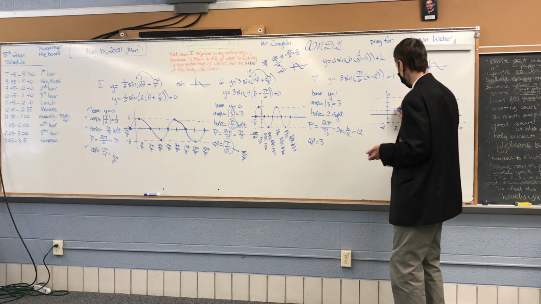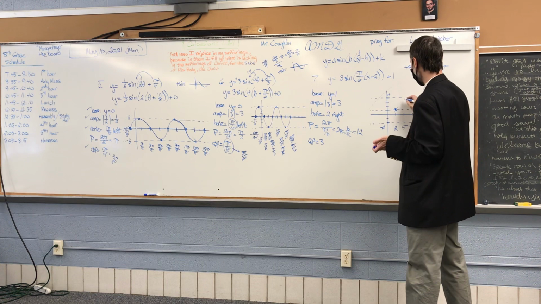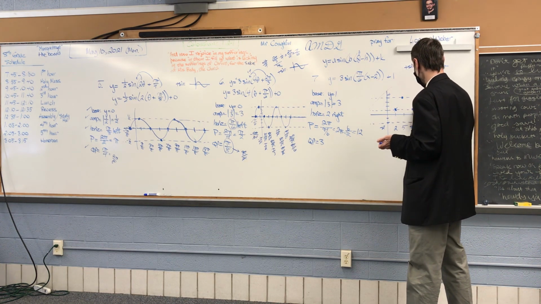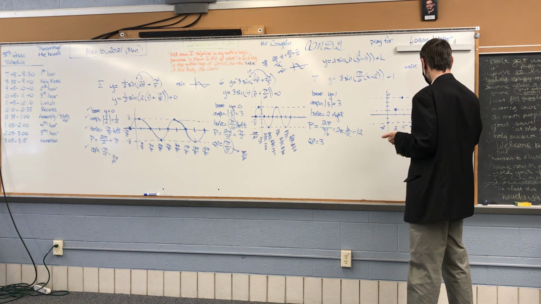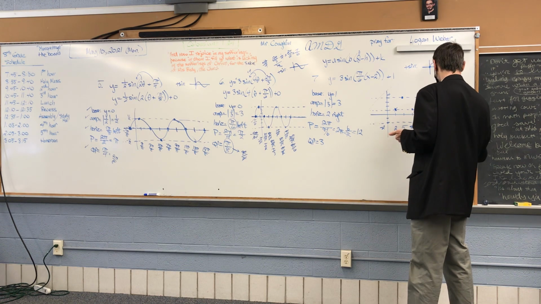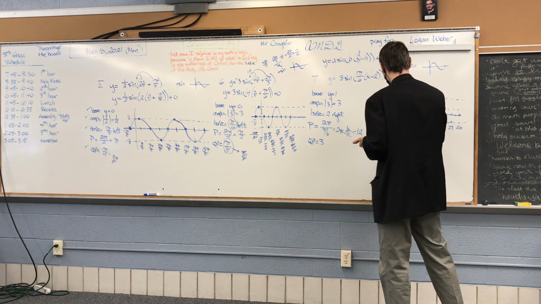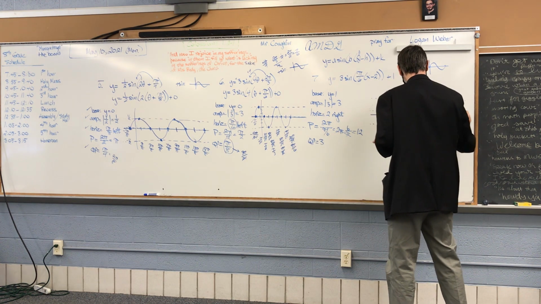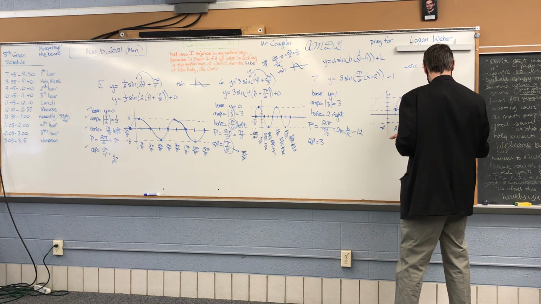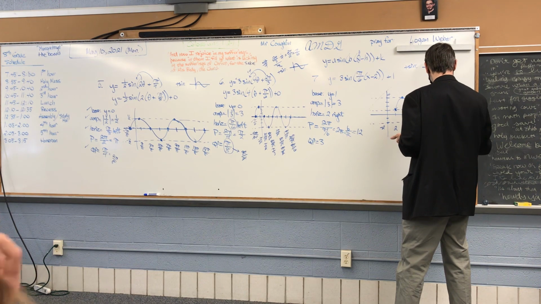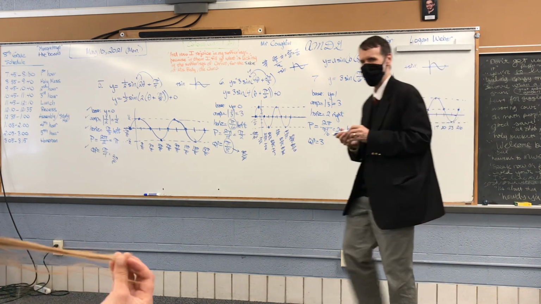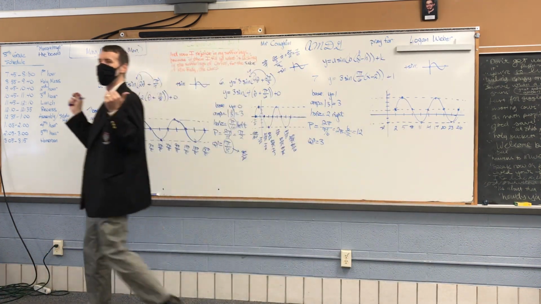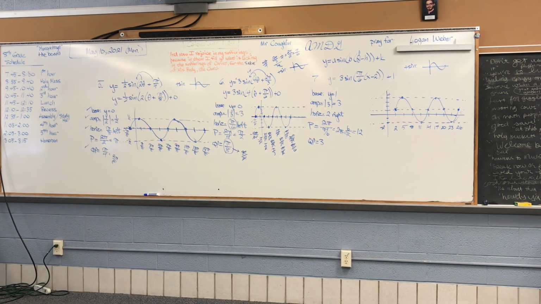And since this is a positive sine, it starts at the baseline and goes to the max, base, min, base, max, base, min, base. And there is your graph. Makes sense? Any questions on this? Do you think you could do that on a test? That's the main point.